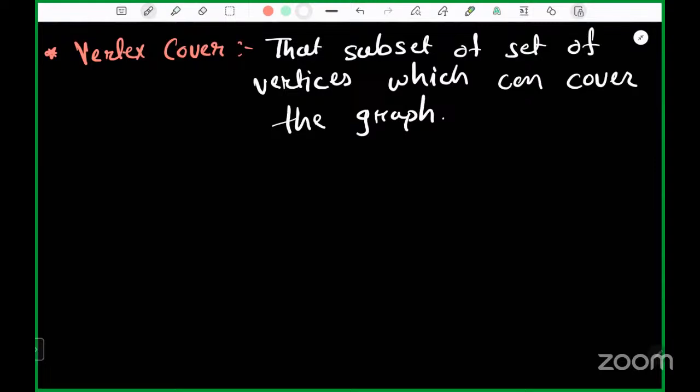Covering a graph means that if you consider any edge from the graph, then at least one endpoint of the edge should belong to our set.